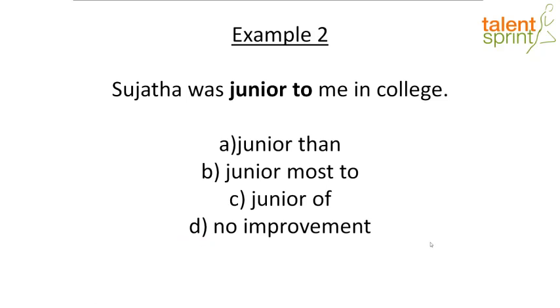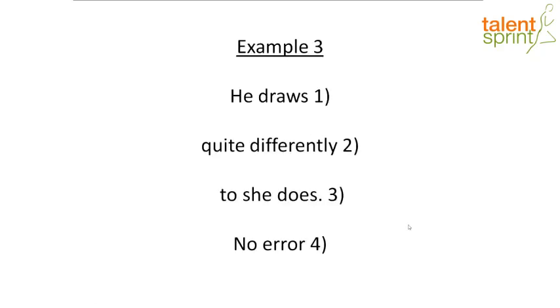Alright, so let's move on to our third example. He draws quite differently to she does. This is an easy one, right? When we're reading it itself, it sounds odd or awkward and it sounds funny. If you look at the options that we have, 1, 2, and 3, it gives us an adverb. Remember, I said "then" is used after a comparative adjective or adverb, right? To introduce the second element of a clause of unequal comparison. So the comparison is between he and she, right?